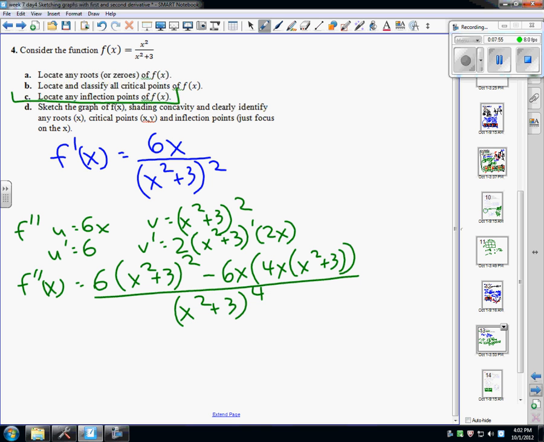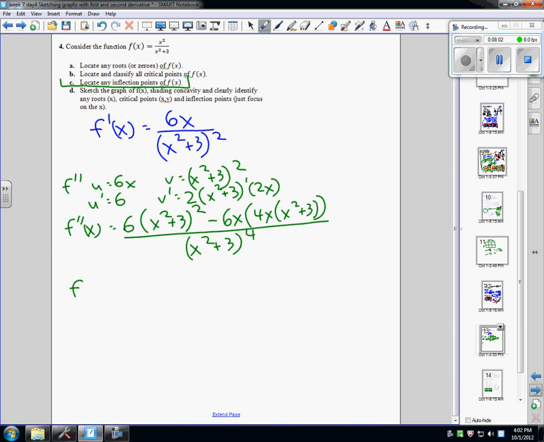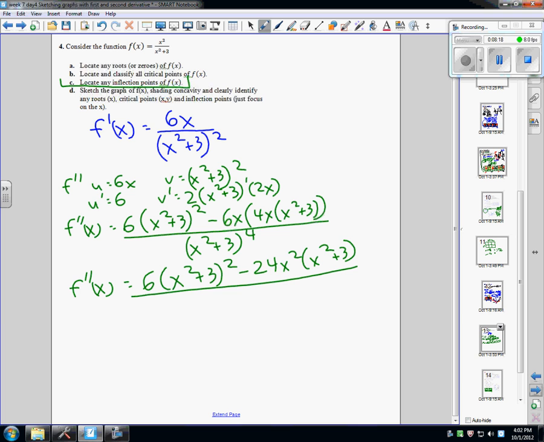Now I know this looks big, but let's see if we can simplify just a little bit. I'm going to simplify and we'll go from there. Don't expand out yet. Let's see if we can avoid expanding out for a moment. This second piece here would be minus 24x times x squared plus 3, again, all over this huge guy. Now, if I want to factor, I'm going to try and factor some stuff out of this.